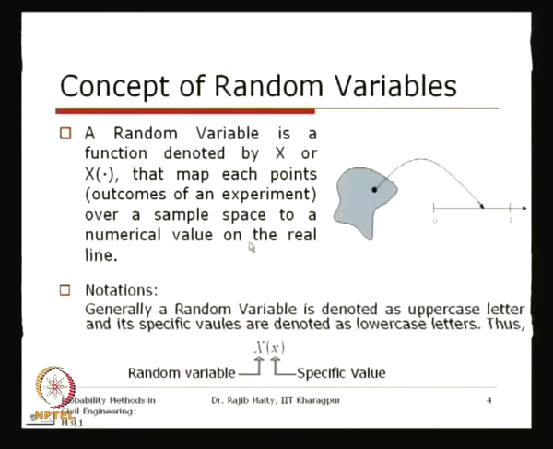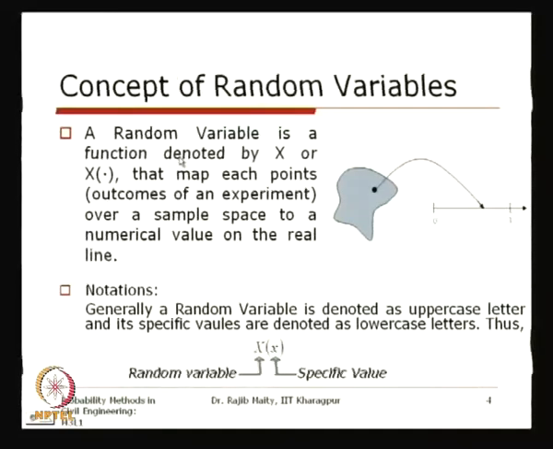Thus, the definition is that a random variable is a function denoted by X, or it can be denoted by any letter. Generally, random variables are expressed in terms of uppercase letters.